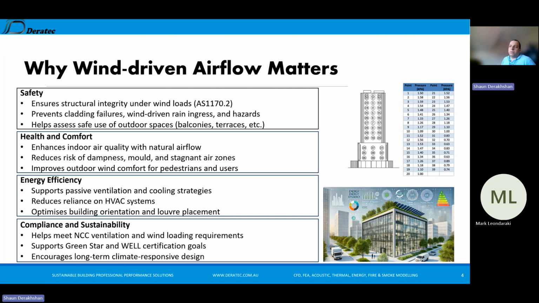We will discuss the position of CFD and wind tunnel tests later. Also, facade and cladding problems. Again, wind drive can cause some failure, or rain ingress, waterproofing, and a lot of problems that we need to focus on with wind drive and airflow. Also, we talk about wind comfort and safety, with a lot of balconies and terraces.